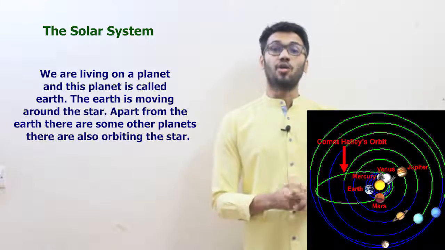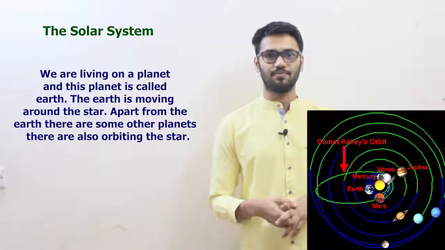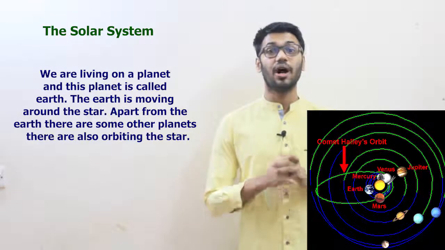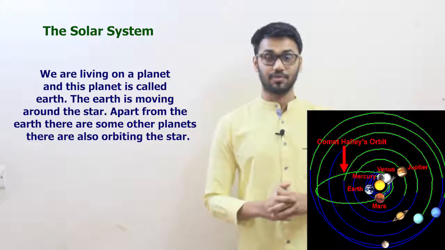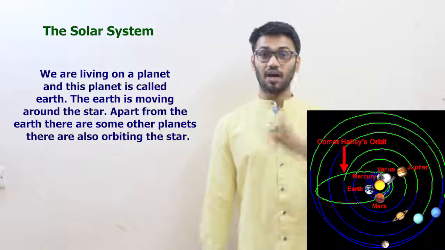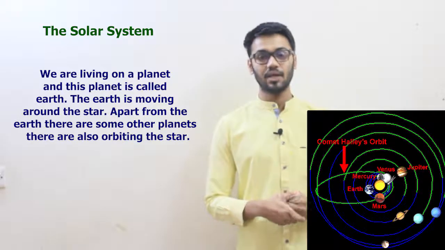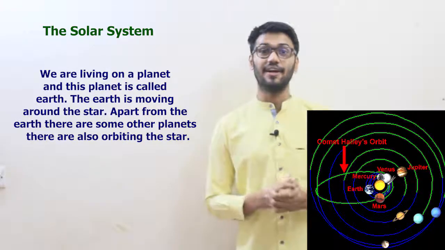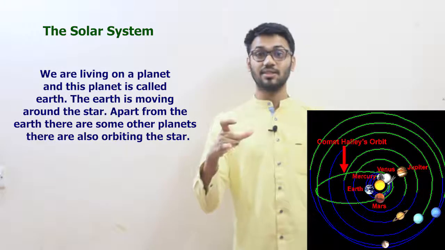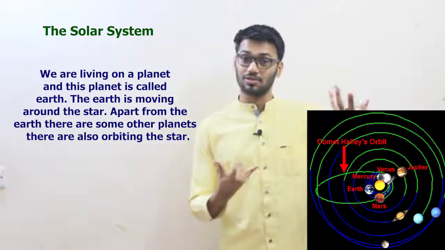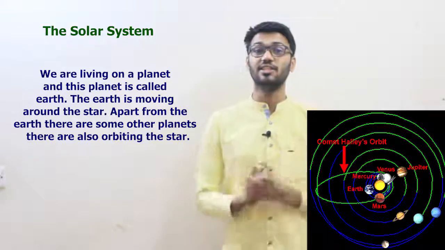Now today, the solar system. What is the solar system? We are living on a planet, and this planet is called Earth. Right? Now this Earth is moving around a star. Apart from this Earth, there are some other planets that are also orbiting the star.